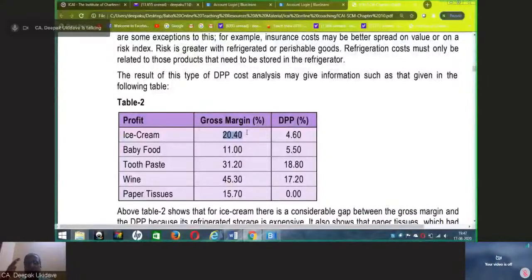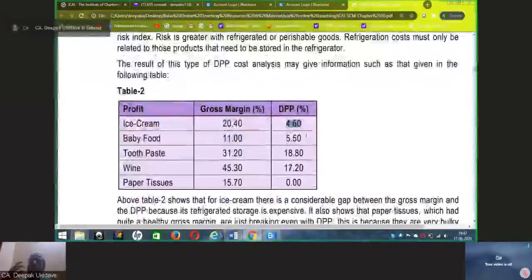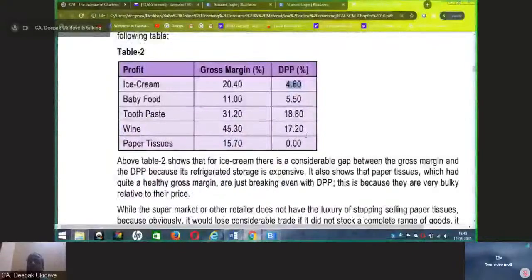Gross margin for ice cream is 20%, but direct product profitability is only 4.60%. Can you think of one single reason? One single reason is the cold storage facility. Ice cream has to be stored in cold storage. It has to be transported in a refrigerated van. So the cost of transportation, cost of warehouse storage is very, very high.